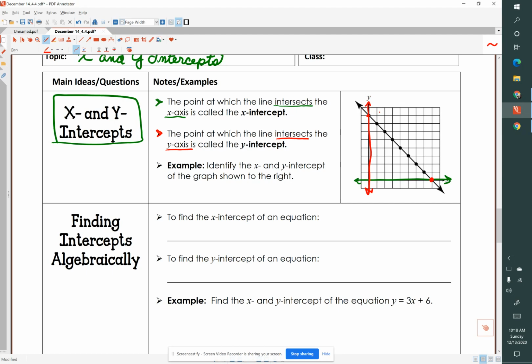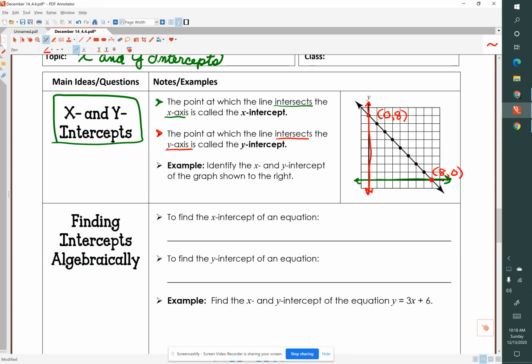Remember, x is first, y is second. So this is point (0, 8), and this is point (1, 2, 3, 4, 5, 6, 7, 8), (8, 0). You see the difference there?